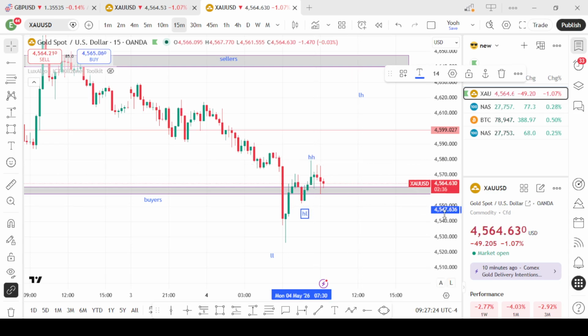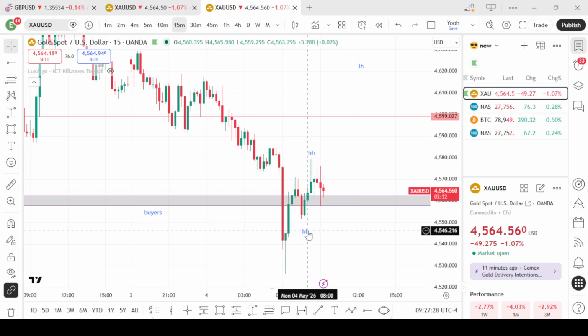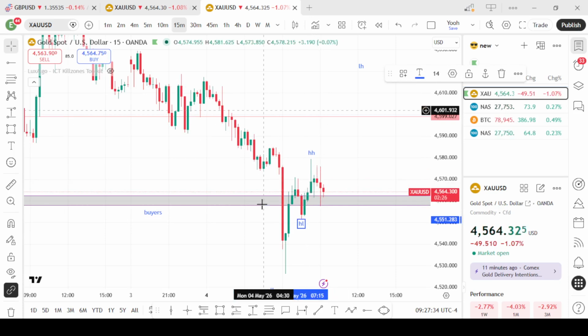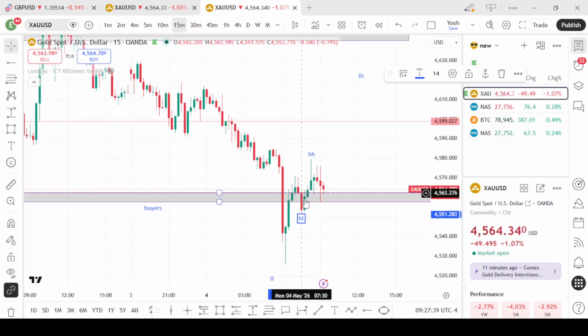So there's potential bullishness. We might be on the correction phase of our 1 hour indication. So we will just wait for the price. If it makes another higher high, I think we can just take some scalps.